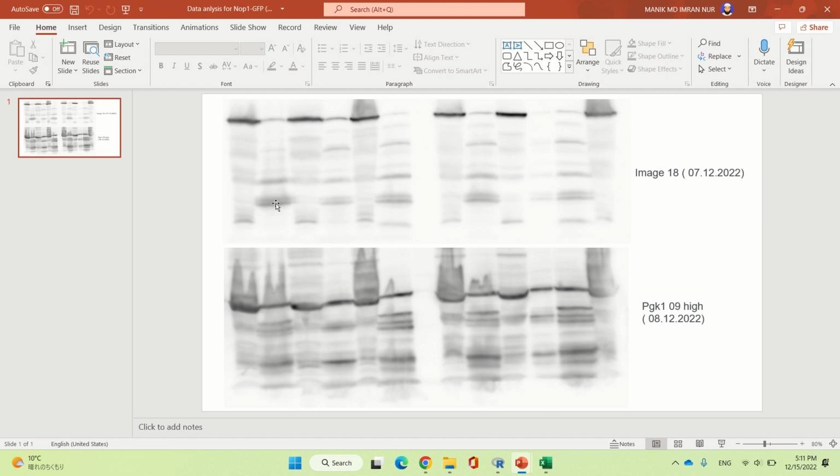Then a lower GFP means a lower amount of loading. So it needs to be normalized with PGK1. Then we have to look at the PGK1, whether it indicates a normalized loading or an intense loading.